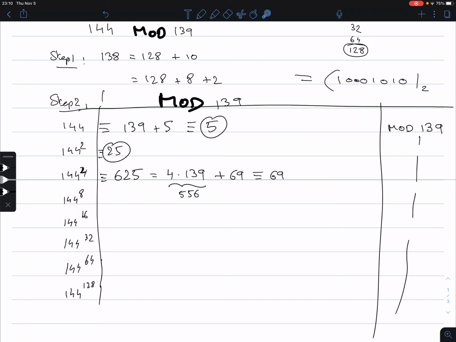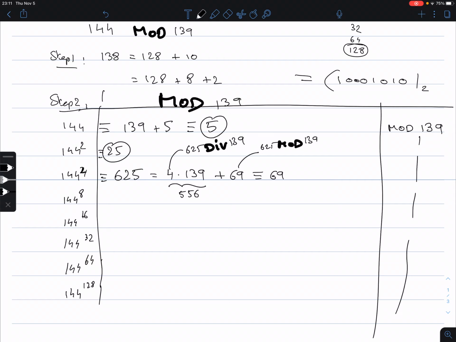This is the division algorithm, right? You divide by 139 and get a quotient. This number is 625 div 139, and the remainder is 625 mod 139.